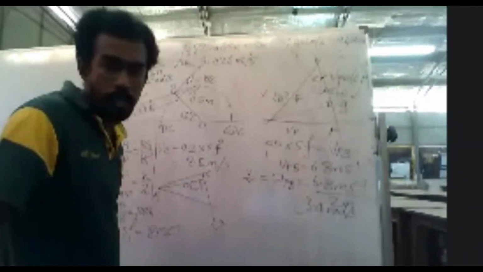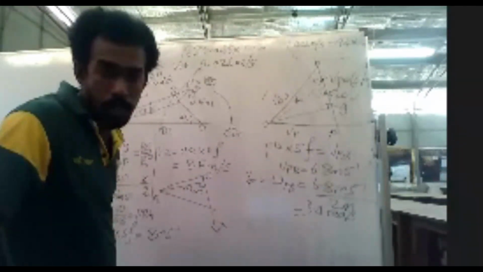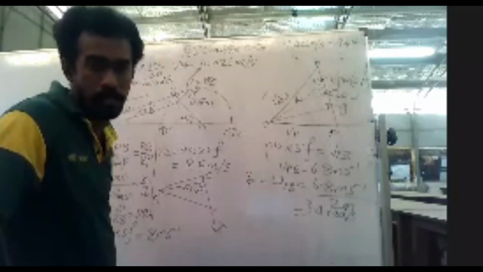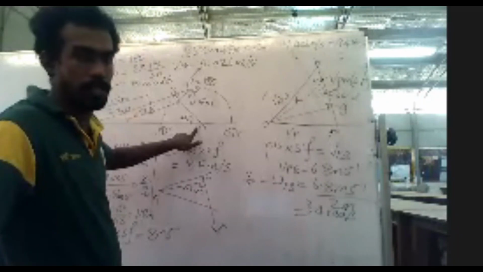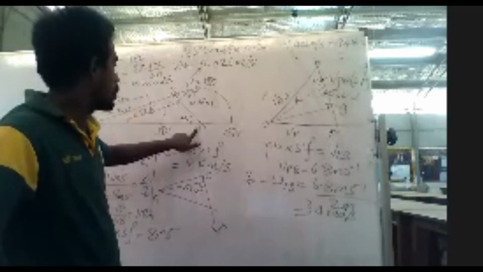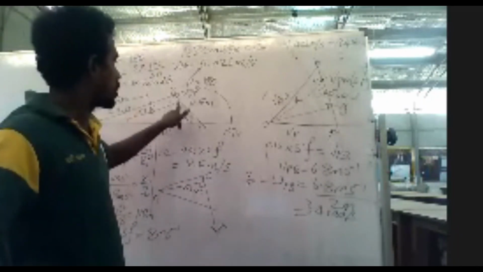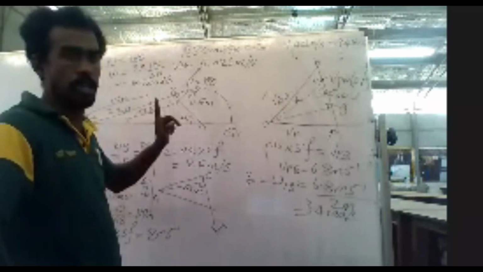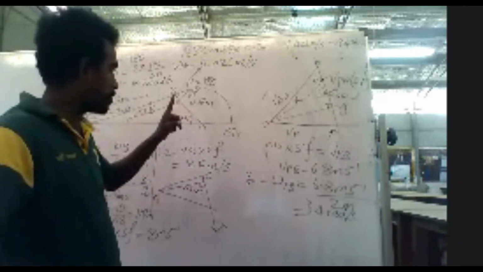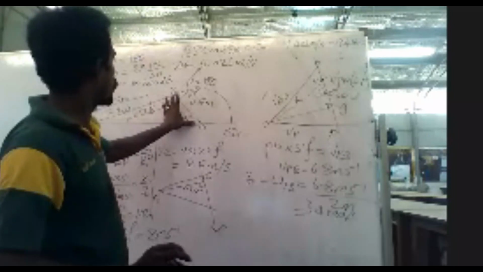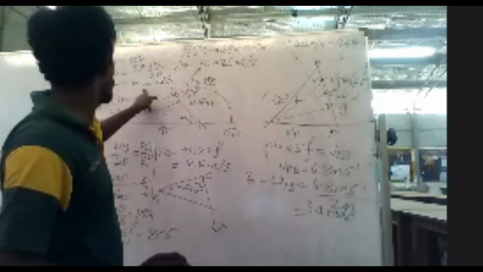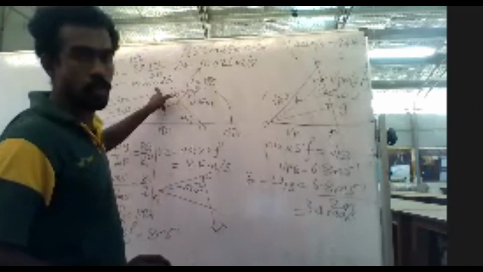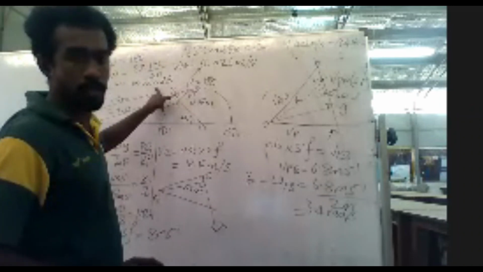So first we will go for the rubbing velocity at the pin of crankshaft, right? So here is the pin of crankshaft. This is the fixed link and this is the turning link. So there is only one angular velocity, right? This angular velocity I have already found, omega OB is 18.82 rad per second, right?